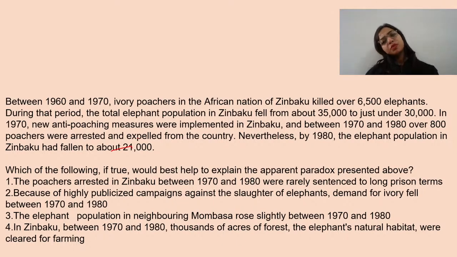That could be right, because if this many elephants were killed in 1960-70, then the total elephant population could fall by 5,000. How? Maybe those elephants would have come into the territory because it's neighboring. Then comes 4. In Zimbabwe, between 1970 and 1980, thousands of acres of forests, the elephant natural habitat, were cleared for farming.